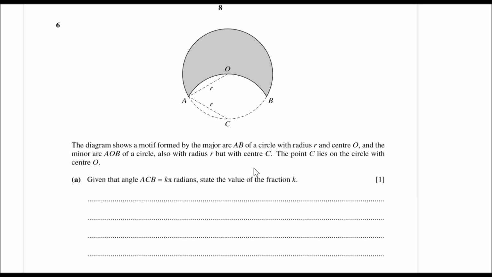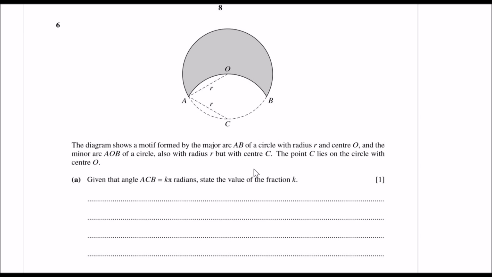The diagram shows a motif formed by the major arc AB of a circle with radius r and center O, and the minor arc AOB of a circle also with radius r but with the center C. So C is the center of the arc AOB, and O is the center for the circle which is ACB. Major arc AB, the center is O.